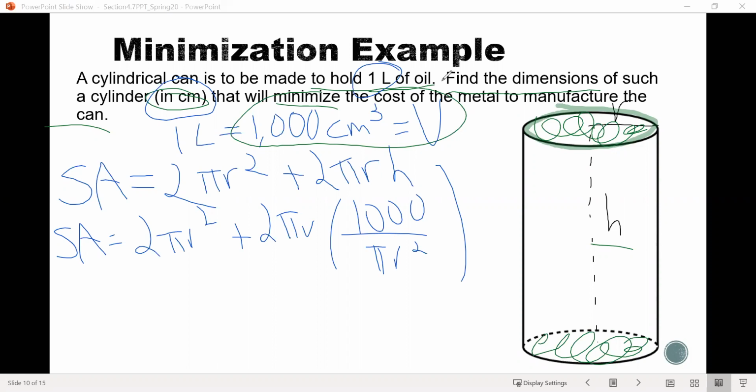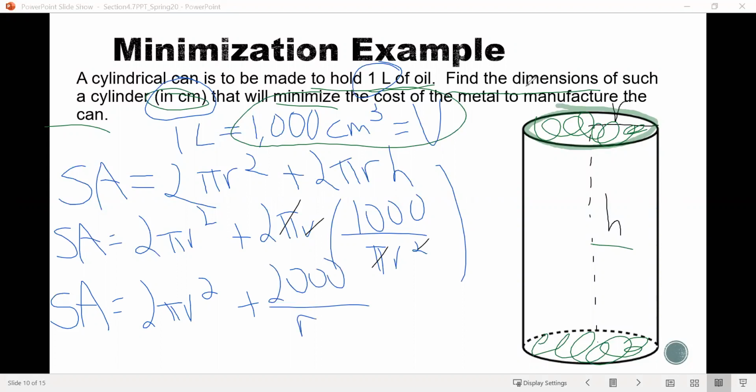And here you notice we can cancel some stuff out. We have a pi here and a pi here, and we can cancel the r here with one of the r's down here. And so we end up with our surface area formula being 2 pi r squared plus 2,000 over r.